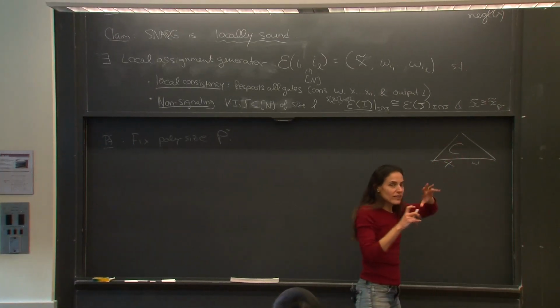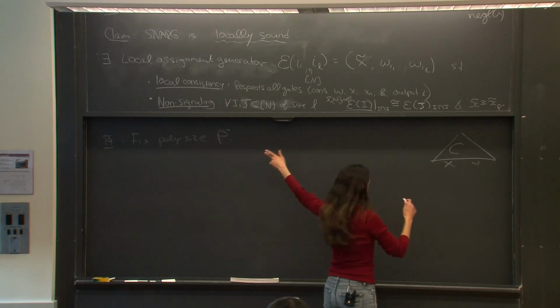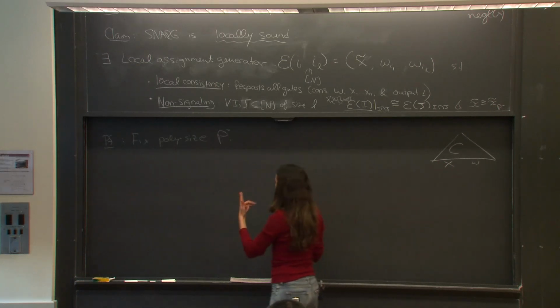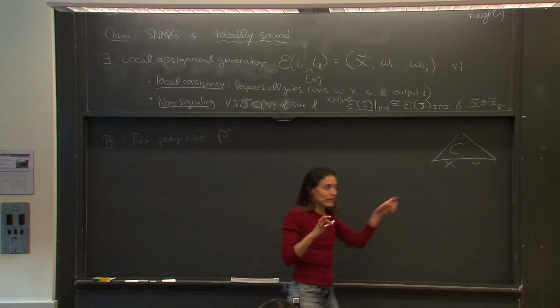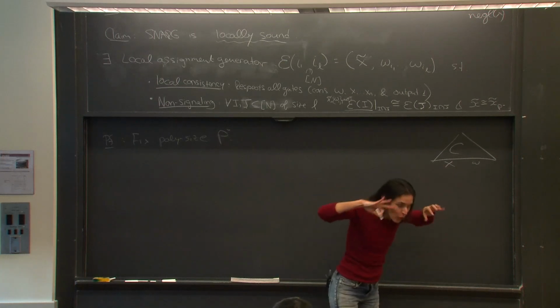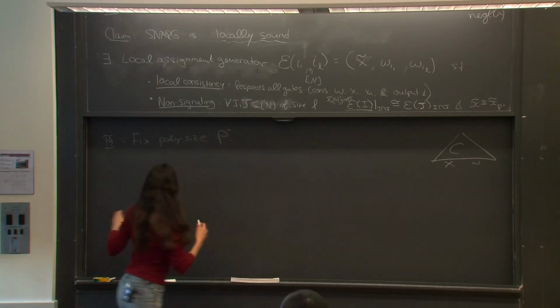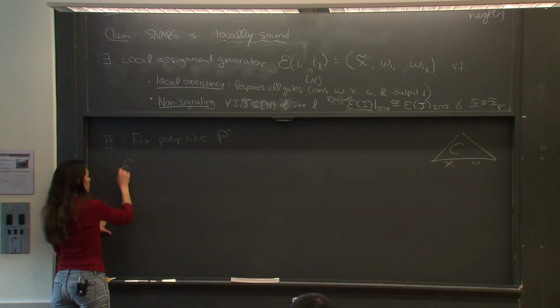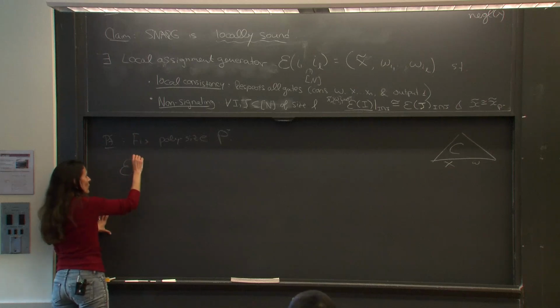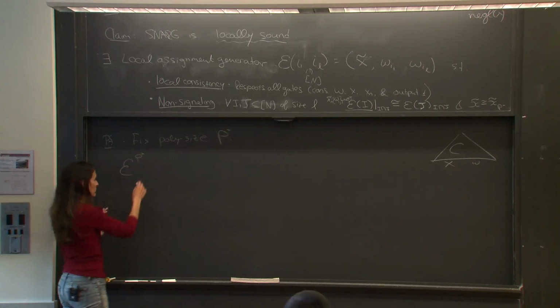For any CRS, P star is going to give me an X and a window to some of the wires of the circuit. So here's my extractor. The extractor, the local assignment generator, is going to use P star as an oracle.